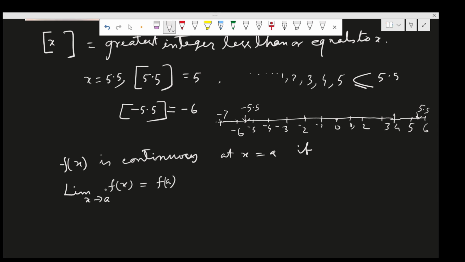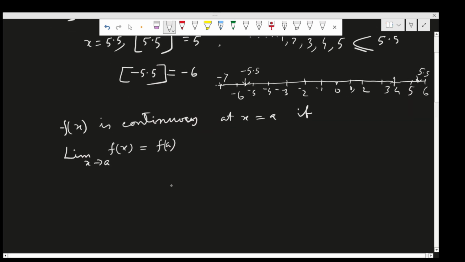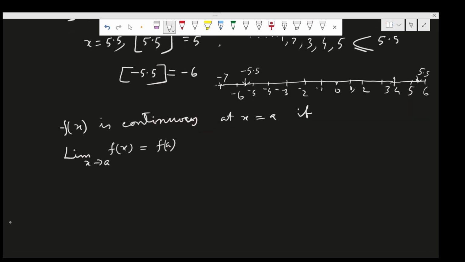That means limiting value of f(x) when x approaches to a is equal to function value of f(x) at x is equal to a. If function is given in the rule form, that means for less than a one function and greater than a another function, as we have seen here, discuss.